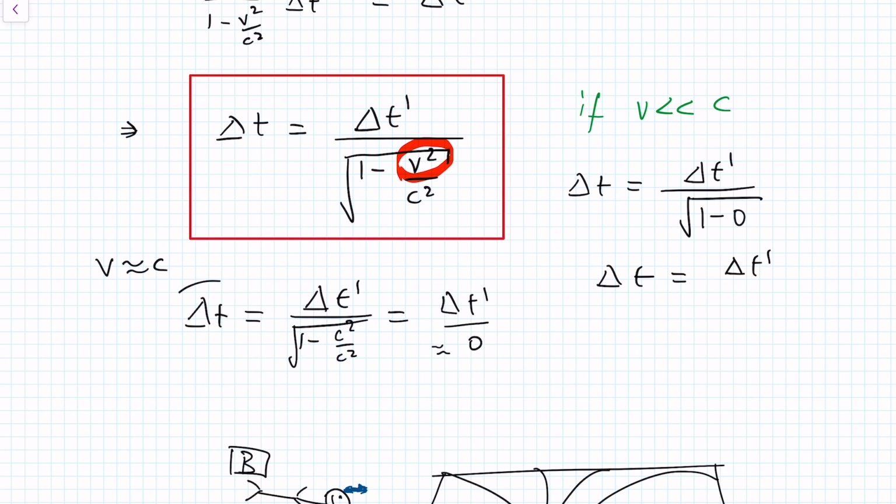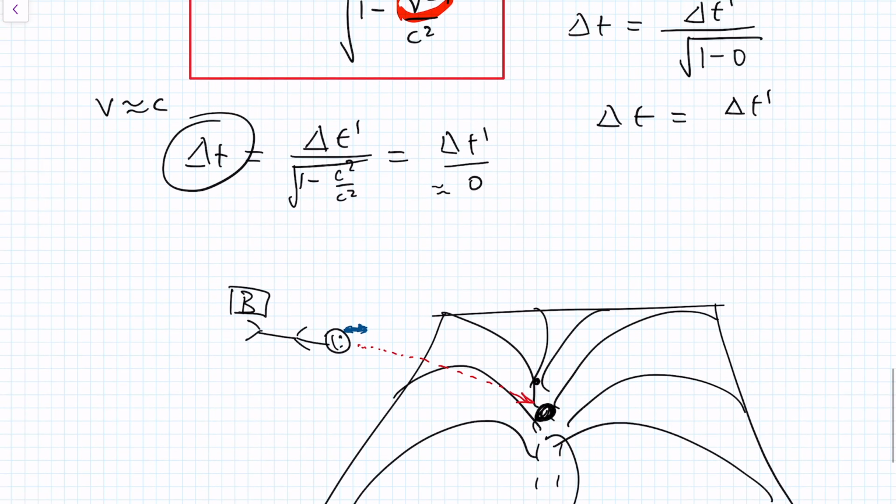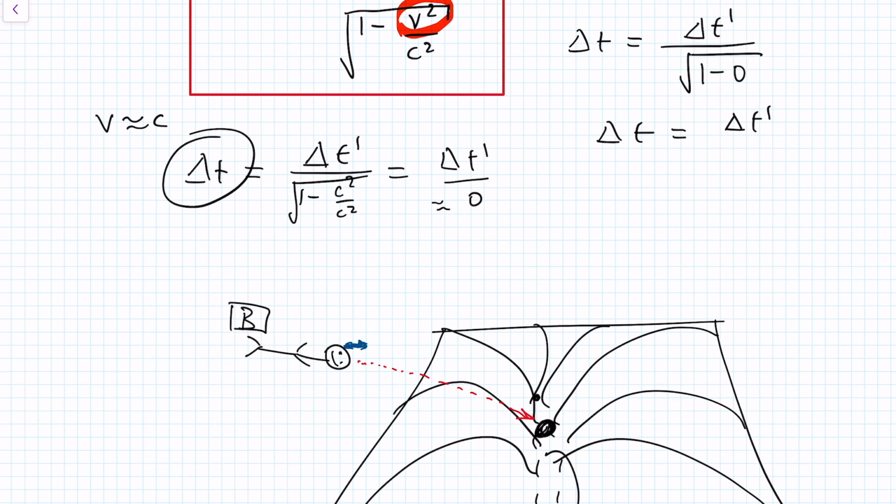So in other words, this would take almost infinitely long, right? This is where time dilation would be very apparent to the observer, in this case, observer A, okay?